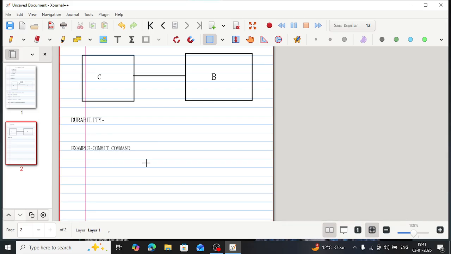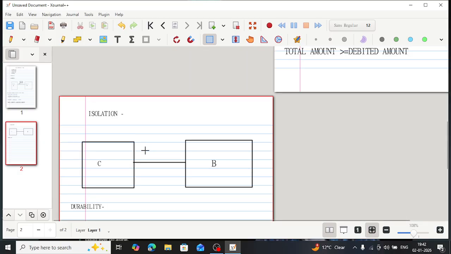If the commit command is run during the process, it gives the information to MySQL that the process is completed, and after the commit command all my information is written to the hard disk. That is the meaning of durability.